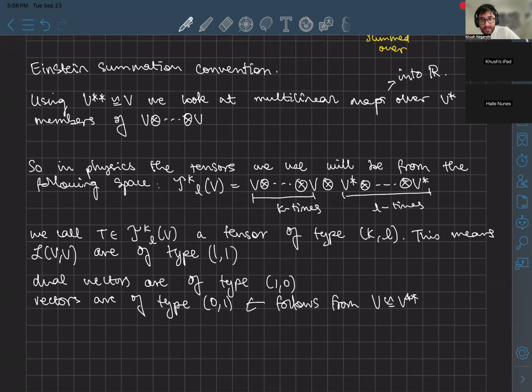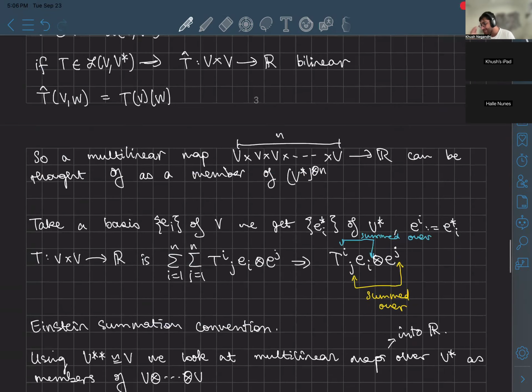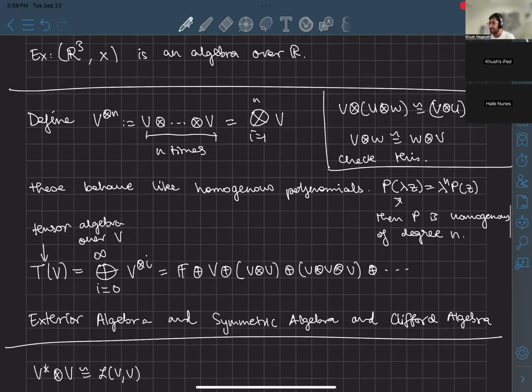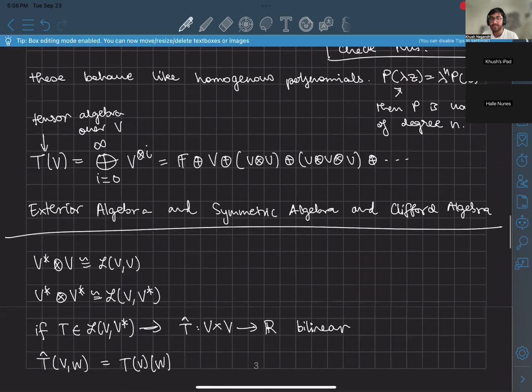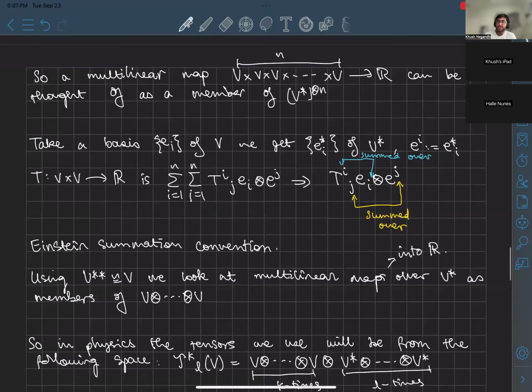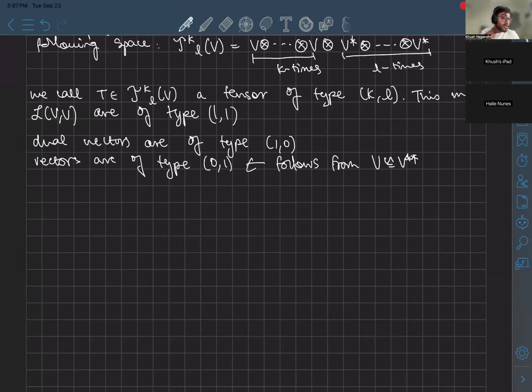Now I want to take some time to talk about transformation laws of tensors and why I think the way we study them in physics is a very bad way of introducing what the tensor is. I think this way is better, mainly because we know what linear means. The notion of a tensor is quite canonical in the sense that it follows immediately from the constructions of linear maps.